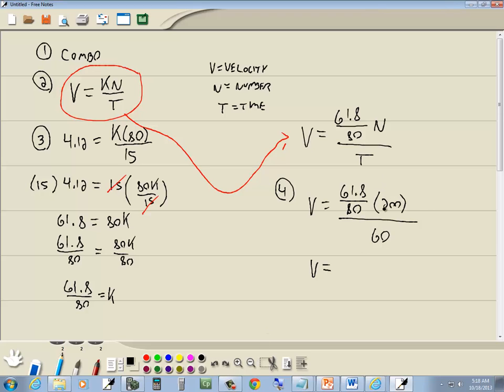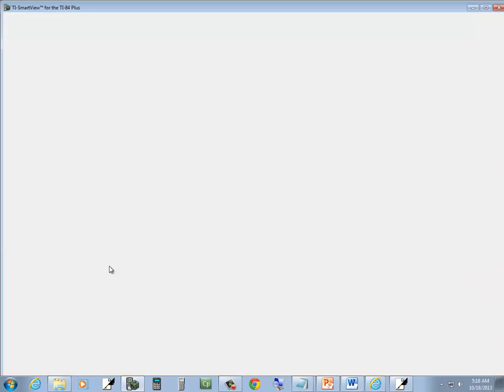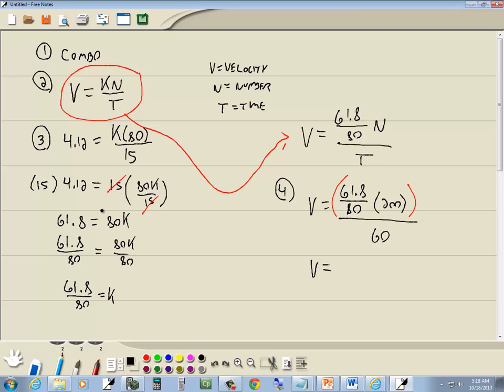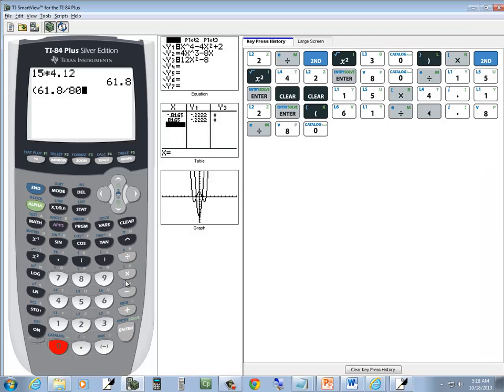Now if you're going to type this in all at once, since we have more than a single number up on top, you want to put parentheses around it, like this. So if I come over here, I do a beginning parenthesis, 61.8 divided by 80, times 200.